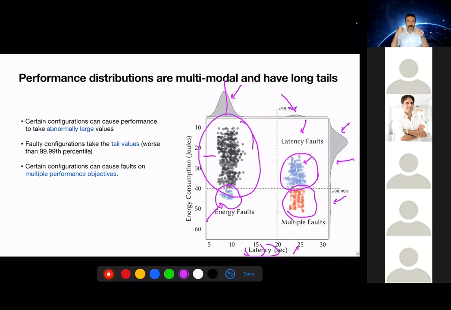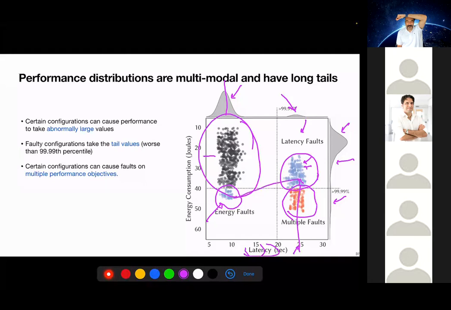We have to distinguish these three zones because it is relevant to this trade-off. We want to make a trade-off. Maybe if we have an issue with respect to latency, we optimize with respect to latency.